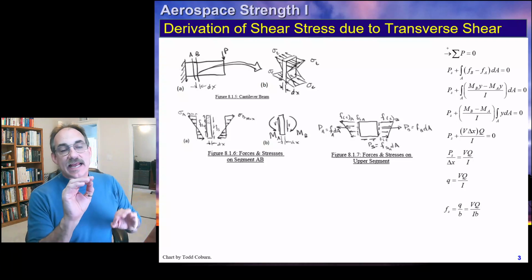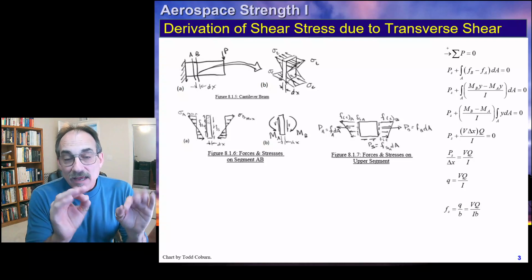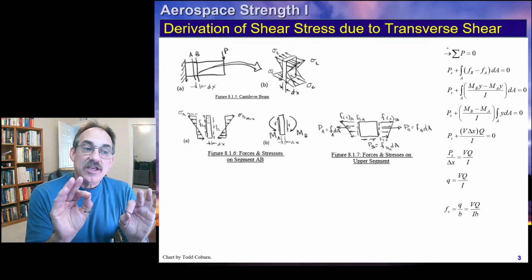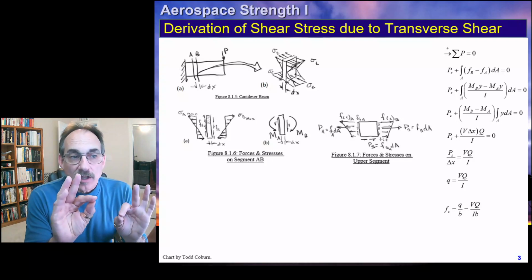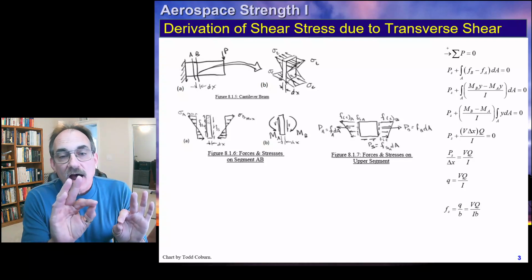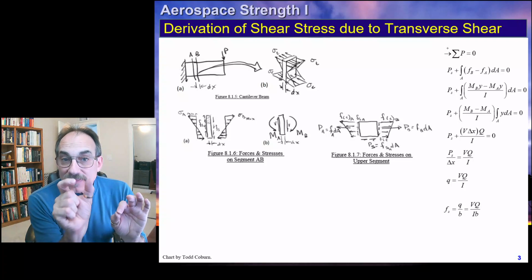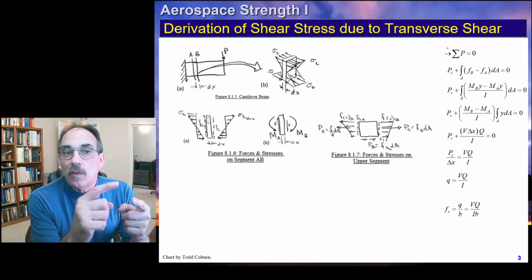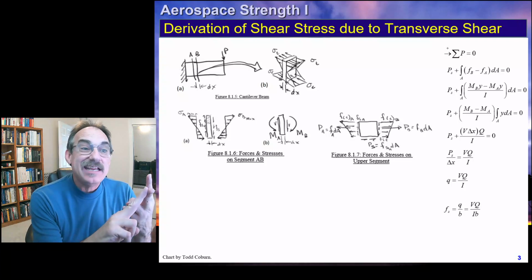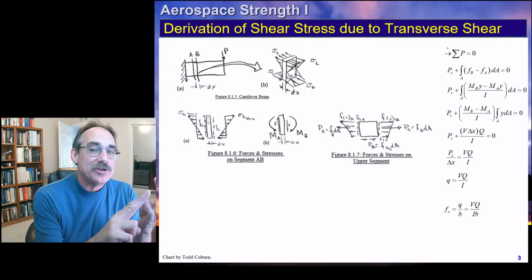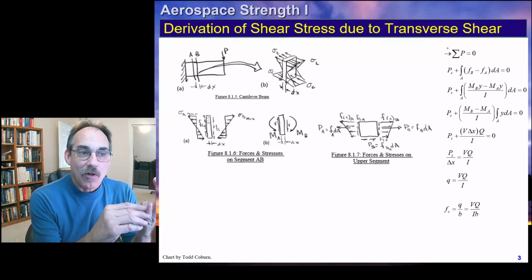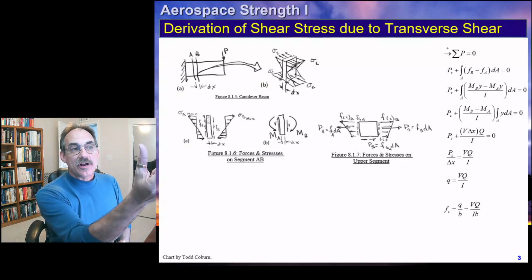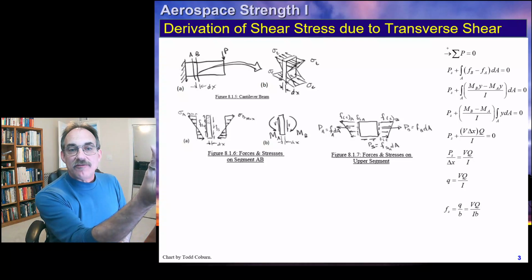We can write this as VQ over IB, VQ over IT, VQ over I times the width dimension, or even VQ over I W. That last variable, no matter what we call it, whether it's B, which is common, T, which is common, W, less common, is that other dimension going into the face.